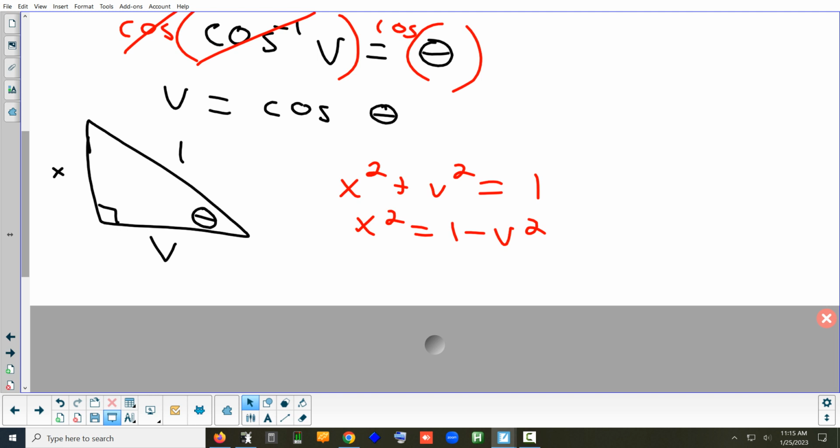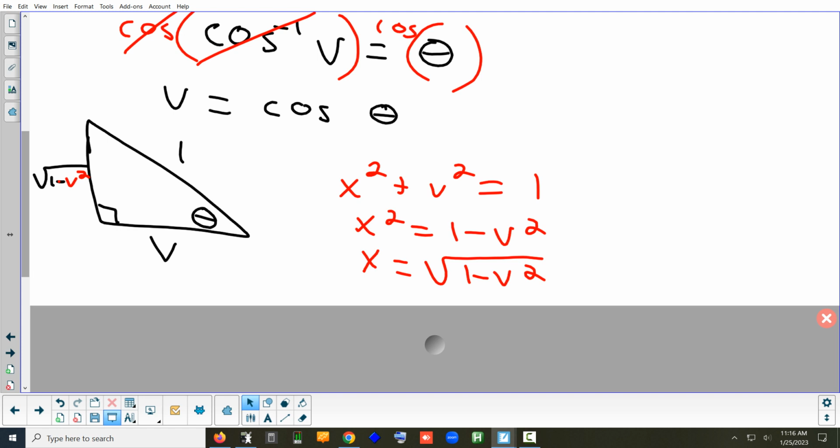And how would we get x by itself? Square root. So x equals the square root of 1 minus v squared. Any questions on how we got that side?